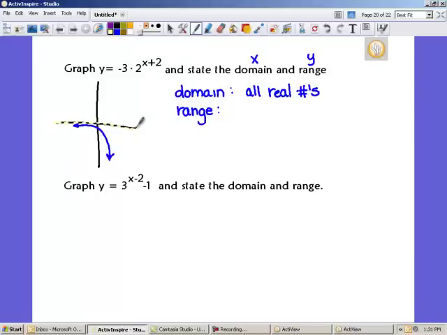And so the way we do the range here is we'd have to say y is either less than or equal to 0, because this line here, of course, is 0. Now, we can go ahead and put the less than sign, but the way to tell if it does, in fact, touch 0 is to look at your x and y chart.